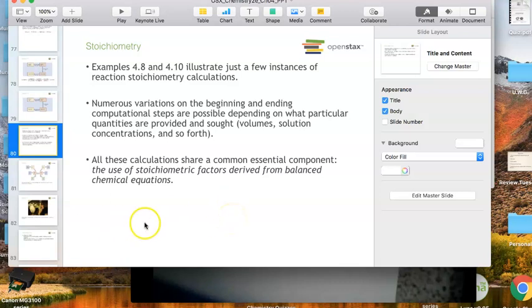All these calculations share a common essential component, the use of stoichiometric factors derived from balanced chemical equations. And so we saw that. We were given information that could vary, starting out with a balanced chemical equation in order to do the calculations, and then also having to derive molar masses of different compounds.